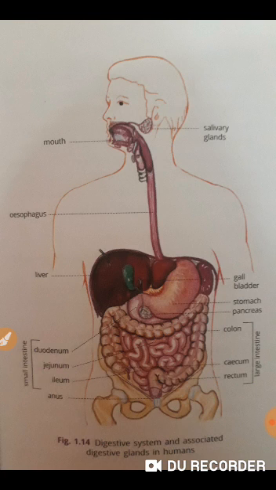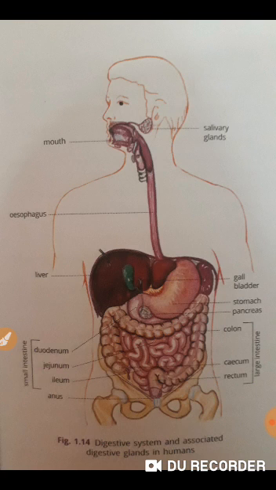There is an opening from which pancreatic juice is poured from the pancreas, and bile is poured from the common bile duct. The portion of the duodenum where it is poured, where the opening is, is known as the ampulla of Vater. Now what happens?